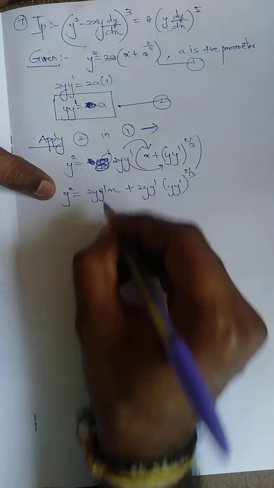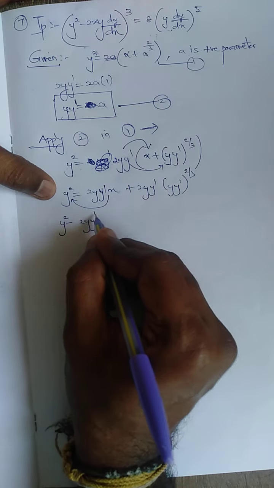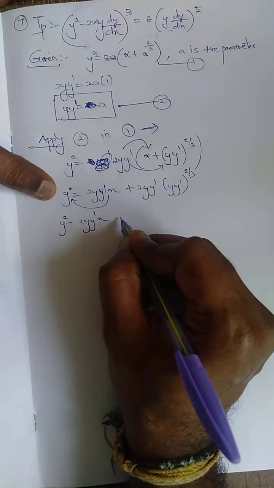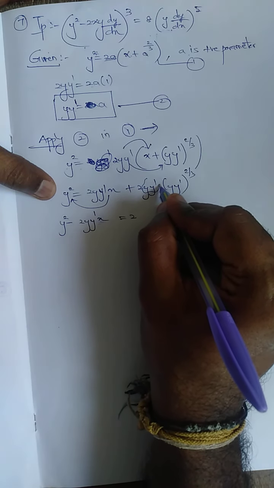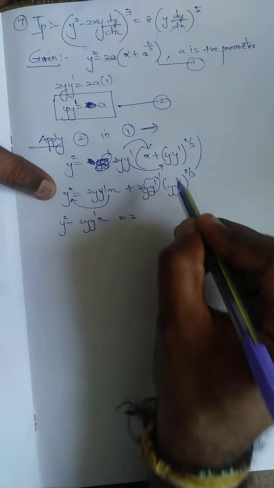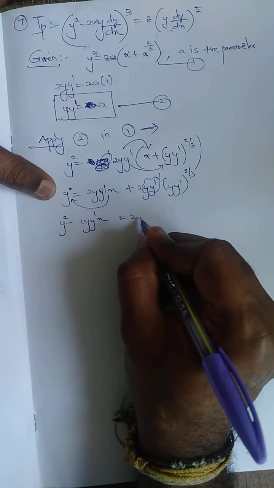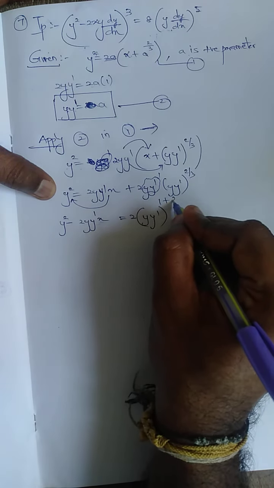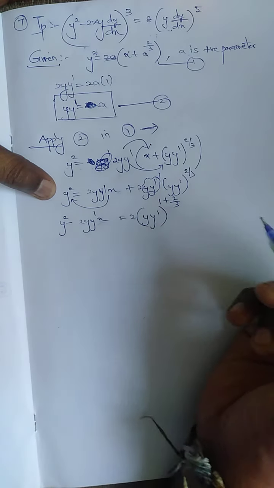Listen very carefully. Let this come to this side: y square minus 2y dash into x is equal to 2, y dash whole power 1 times y dash whole power 2 by 3.